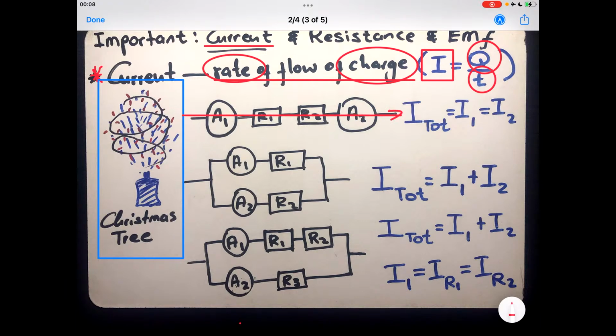You might realize that the current passing through there is the same as the current passing through there, and through there, and through there. Meaning the total current passing through that type of connection, which is a series connection.